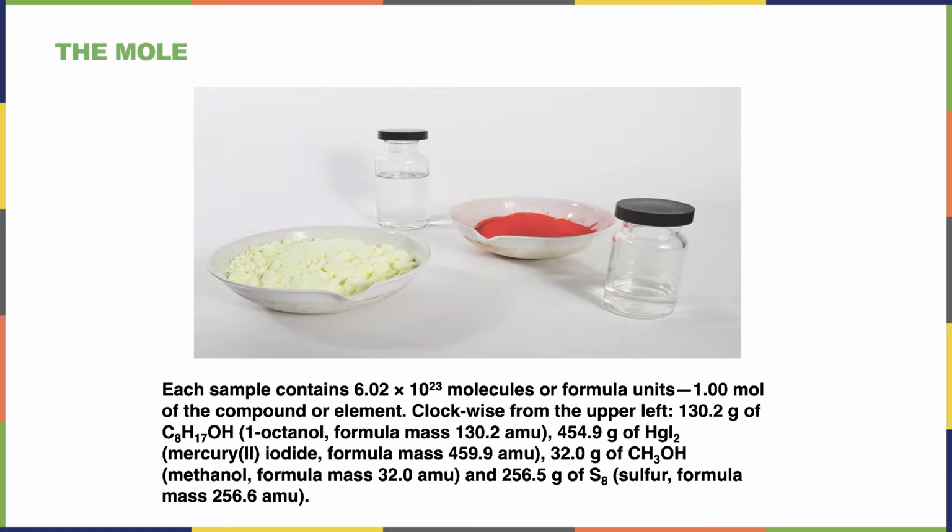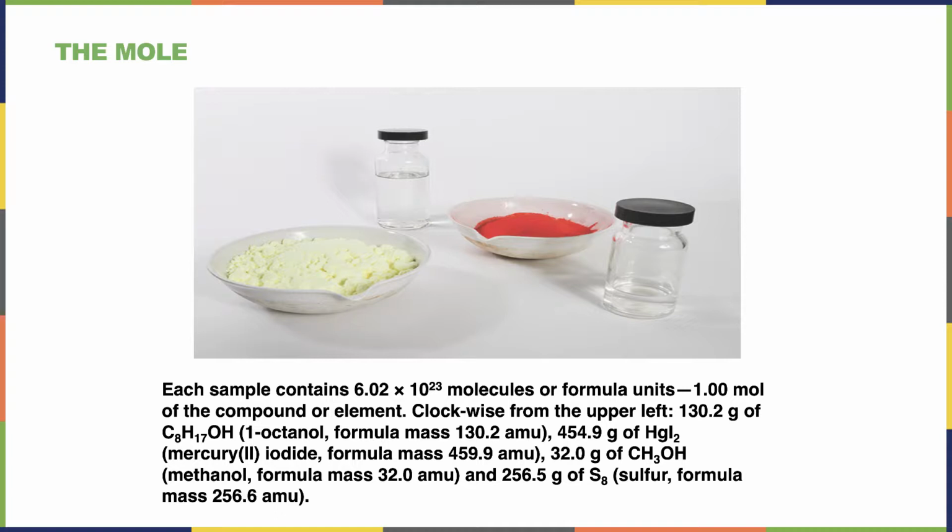Rotating around to the red powder, that's mercury iodide. 454.9 grams of mercury iodide is 1 mole of mercury iodide. Again, if you look in the periodic table and calculate out the formula mass for mercury iodide, you'll see it's 454.9 AMU. The other vial toward the front here is methanol, or CH3OH. Its formula mass is 32 AMU.